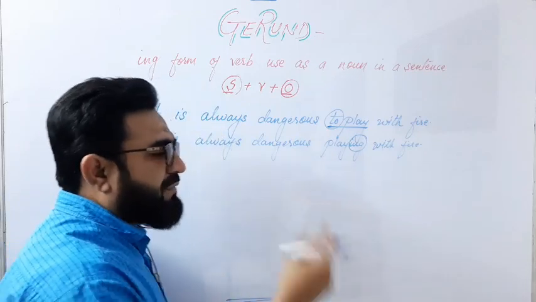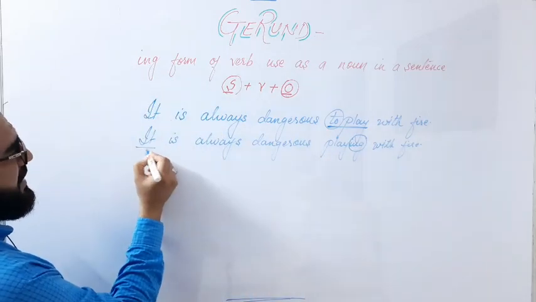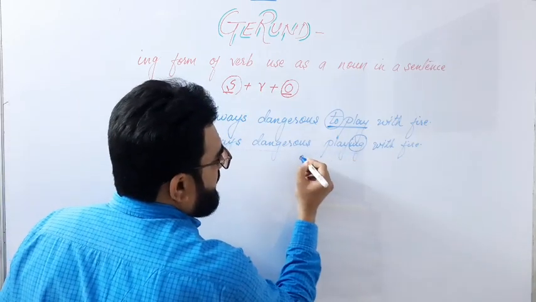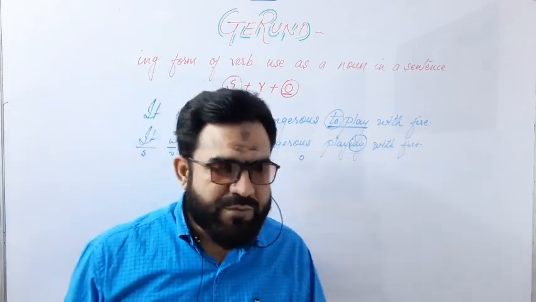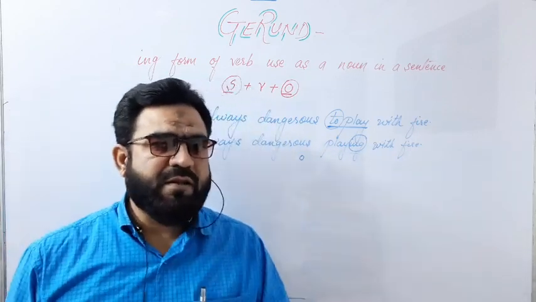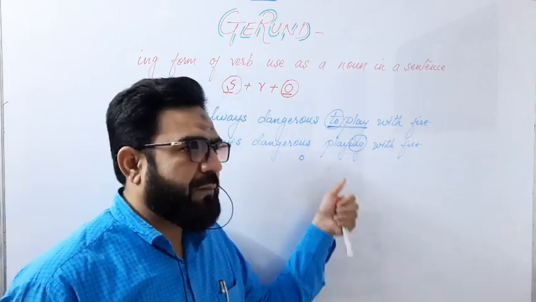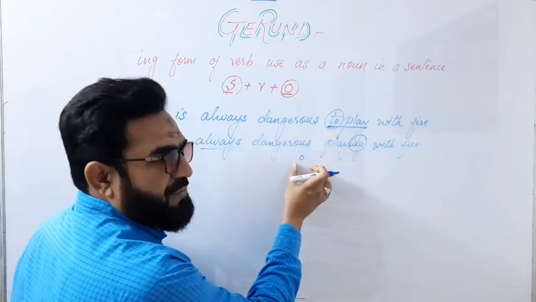Again, what is the condition of becoming a gerund? See, this is a subject, verb, and this is object. So, whenever ing verb used as an object or a subject in a sentence, it becomes a gerund. This is a one kind of verb, but used as a gerund here. Why? Because it is used as an object.